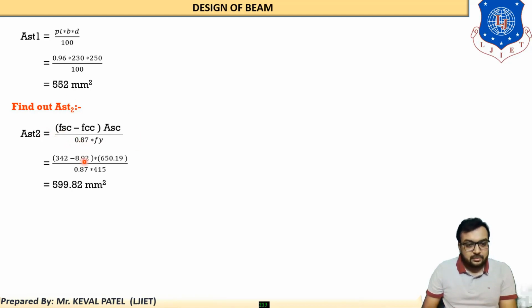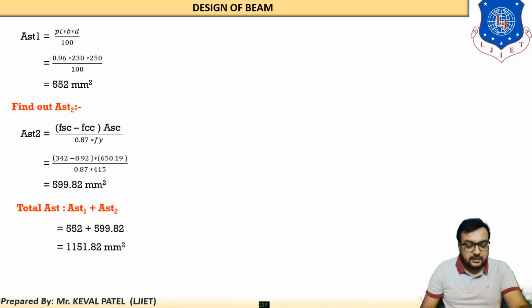After putting them in, we get Ast2 as 599.82 mm square. After finding Ast1 and Ast2, we get the total Ast, which is equal to Ast1 plus Ast2. Our final answer is 1151.82 mm square.